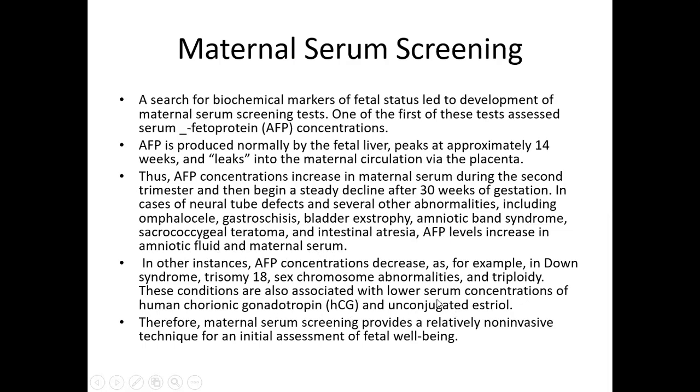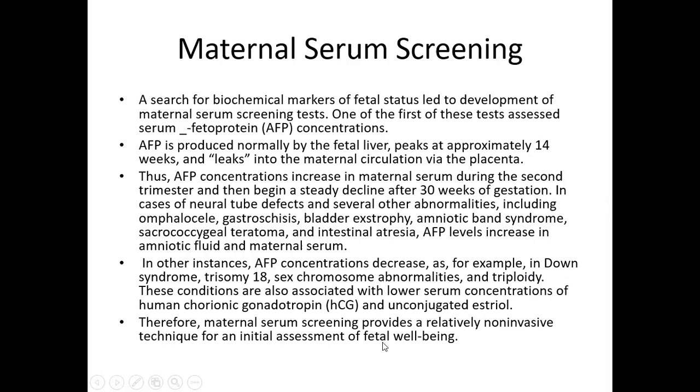So a combination of these three markers is used for maternal serum screening, that is known as the triple test: HCG, unconjugated estriol, and alpha fetoprotein. So alpha fetoprotein will decrease in Down syndrome, whereas in the other cases it will increase.